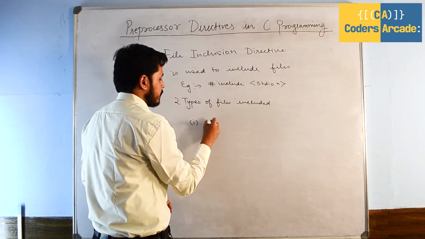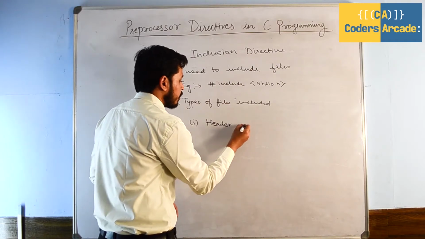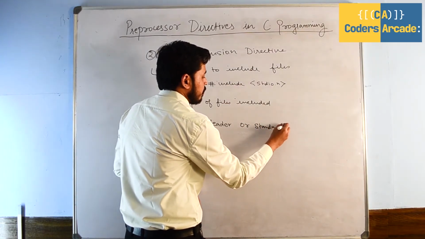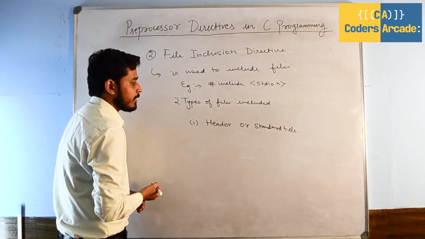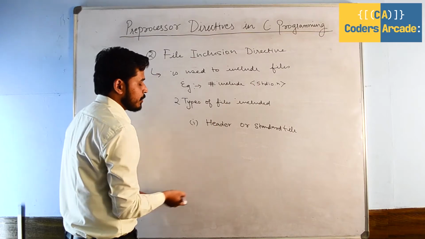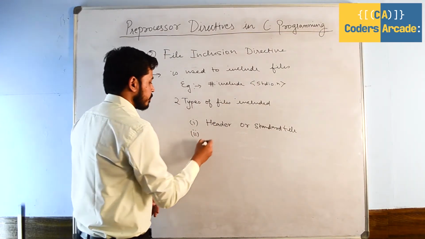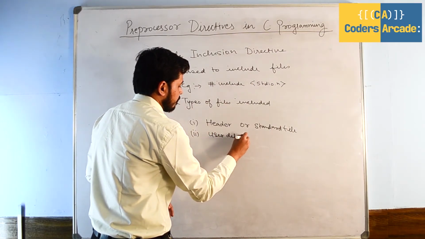The first is the header file, we always say header file, or you can say standard file, the main header or the standard file, like stdio.h, process.h or math.h. The second one is the user defined file.